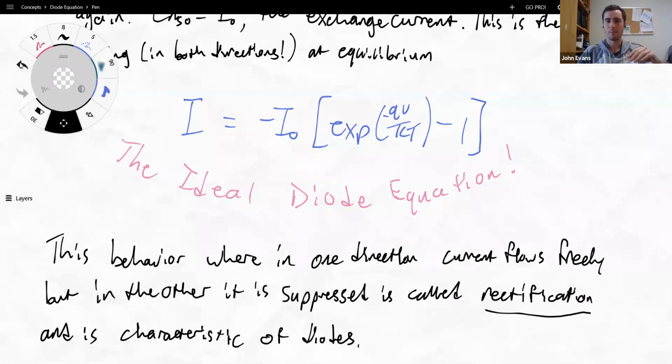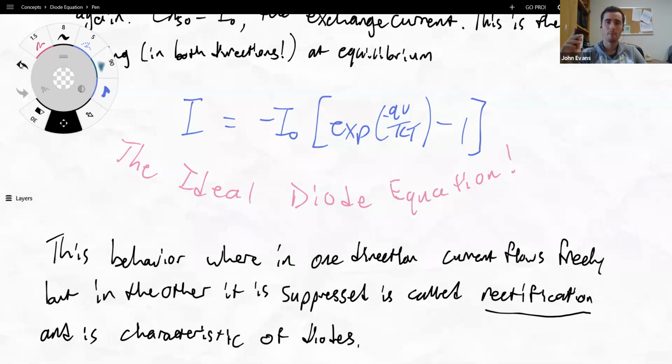Now, we discussed that in one direction, if we apply the voltage, we get small current, and it's got an upper bound to it, which is the exchange current density. On the other side, we have a large current. So what we have here is one side of the voltage spectrum where current flows freely, and we can push as much current through it as we want effectively.